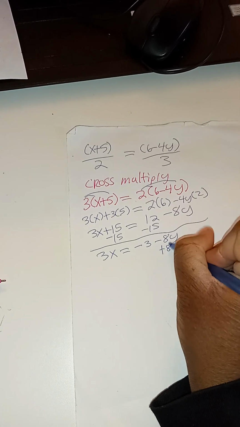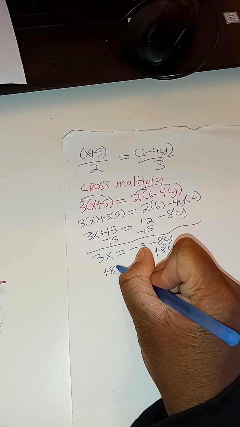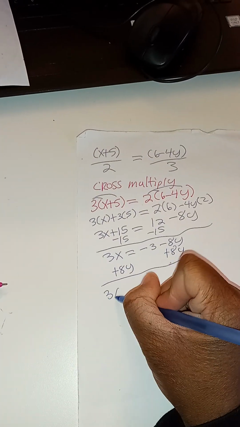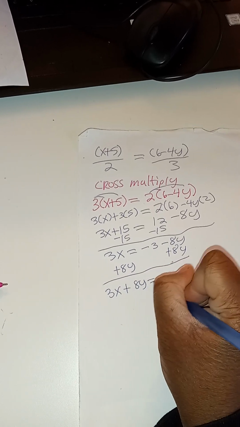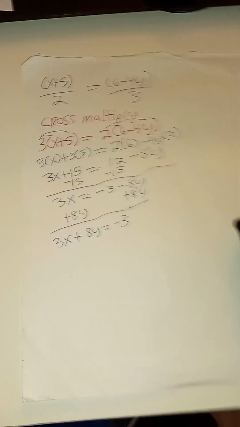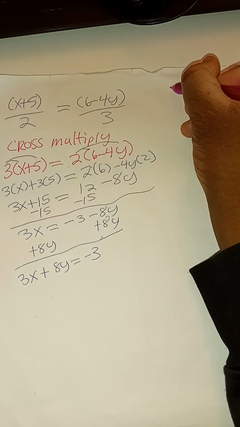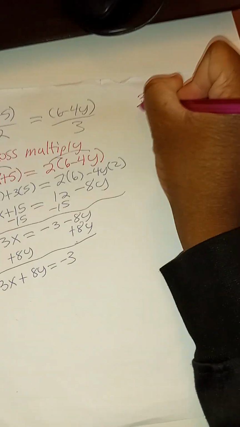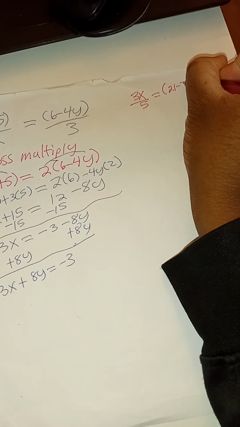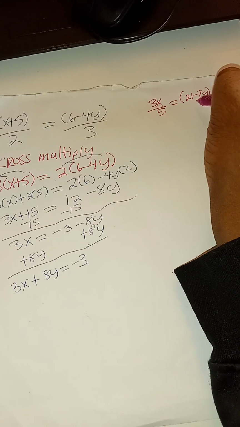And then we can add 8y to the other side of the equation. And now we will have 3x plus 8y is equal to negative 3. So now we have x and y on the same side. And so let's look at the other equation in the form of 3x divided by 5 is equal to (21 minus 7y) divided by 10.